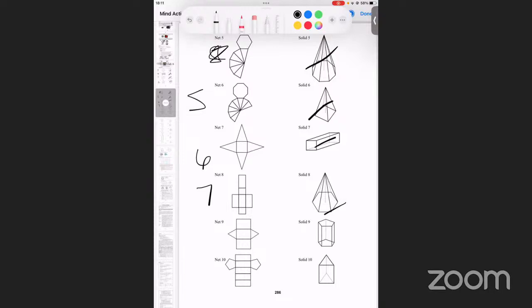Ma'am, won't it be solid 10? Solid 10. Okay, so net 9 is solid 10, and net 10 would be solid 9. Yes, so this is going to be 9, and then we are done with these ones.